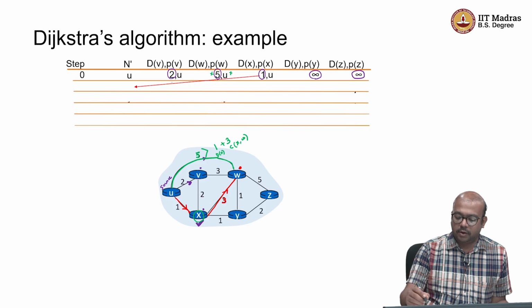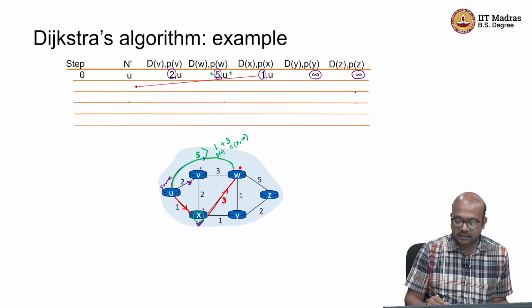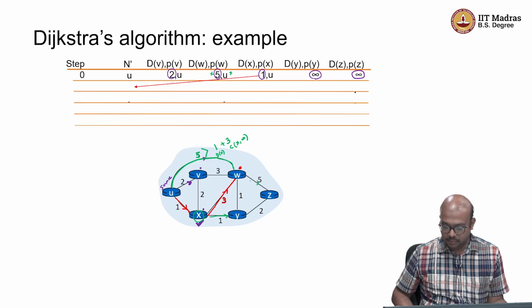Similarly, for y and z, they are infinity. Infinity is of course the worst case, right. Now, I have a path till x, right, and x has neighbors, let us say y. Also we know the path to w, and w has neighbors which is z. So, these numbers could actually be updated now.